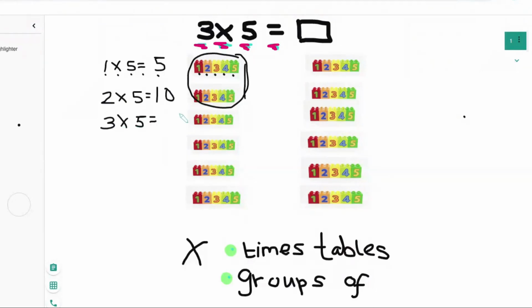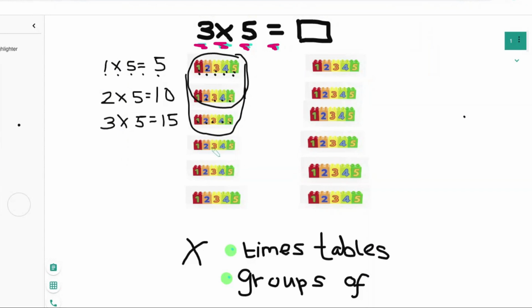Now we're looking at 3 groups. So we're going to add this group as well. 3 groups of 5. 1, 2, 3, 4, 5, 6, 7, 8, 9, 10, 11, 12, 13, 14, 15. So 3 groups of 5 equals 15.